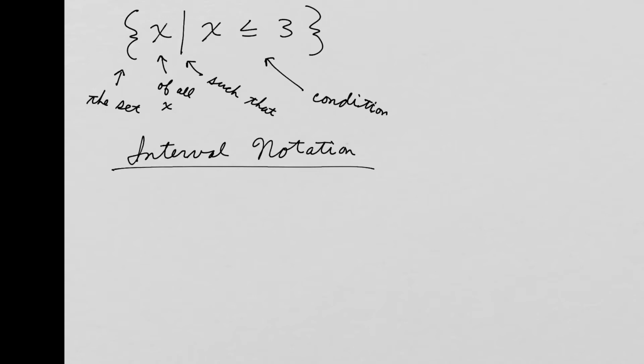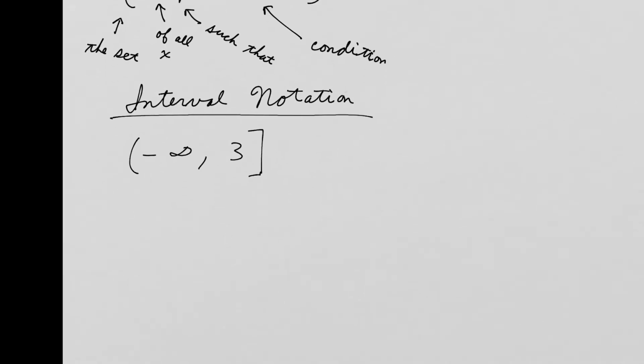Because that's less than or equal to positive 3. So I would start at negative infinity, including all my x's here, all the way to 3. And then I want to include 3, so I'm going to use what's called a square bracket. So let me explain this.